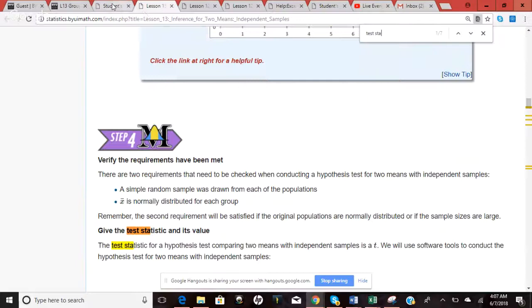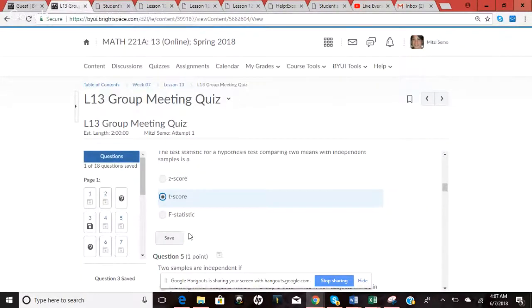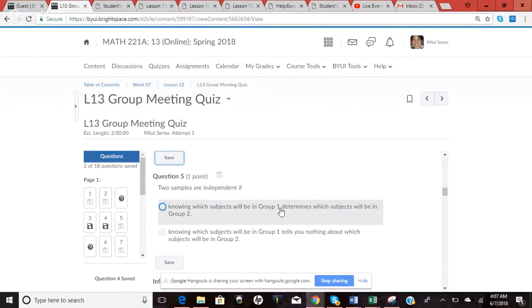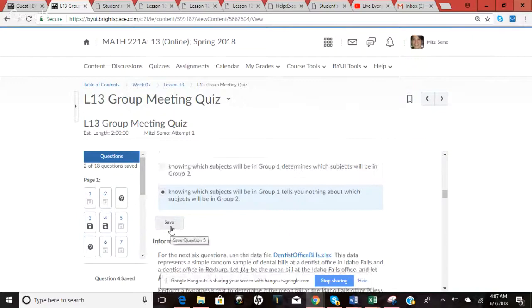Yeah, sample is a T. Samples are independent if knowing which subjects are in group 1 tells you nothing about subjects in group 2. That's the answer there. Yeah, it's the second one.